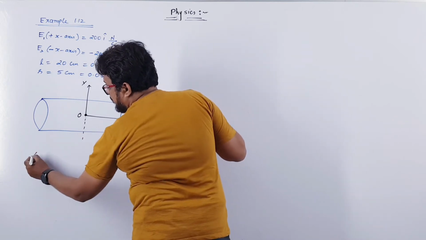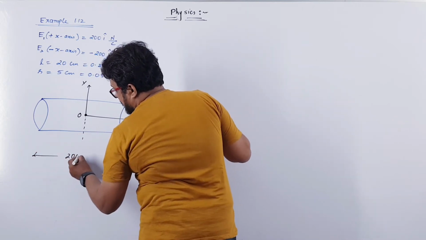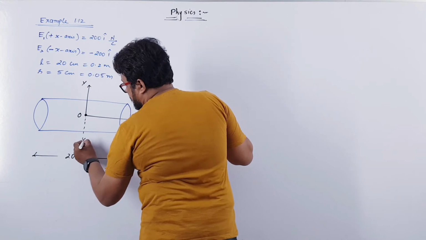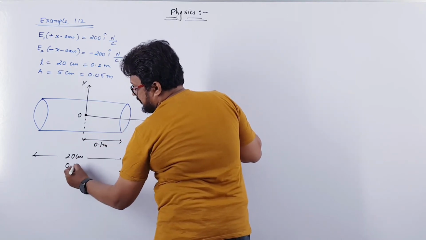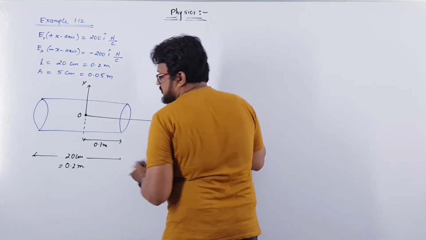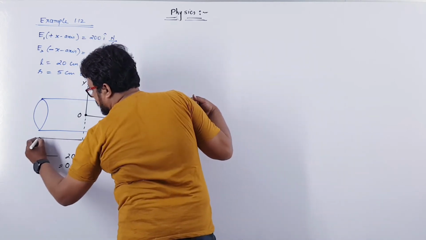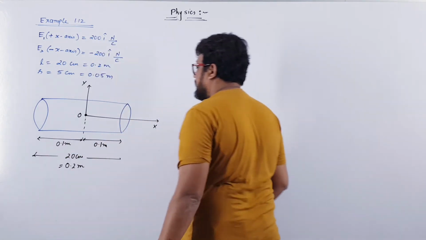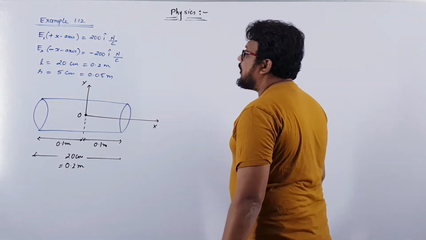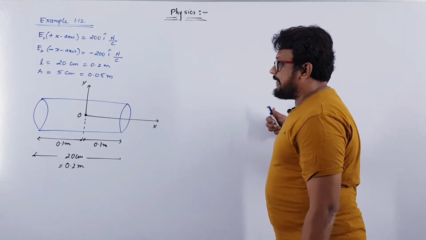The total length of the cylinder is given as 20 cm. 20 cm is 0.2 meter, so this distance will be 0.1 meter, and this length will also be 0.1 meter. Clear?